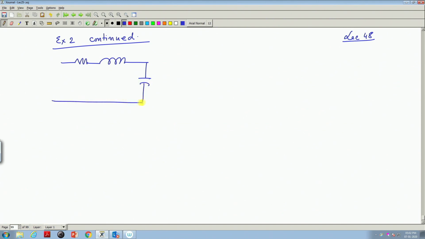This is the circuit: 2 ohm, then sL, which was s, and this was 2 by s for the capacitance, and this is the voltage I want to find out. First Laplace: this is the current I(s), and the voltage U(s) is equal to 1 over s. We have already solved for this I(s).